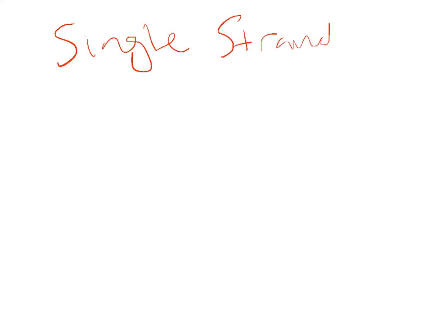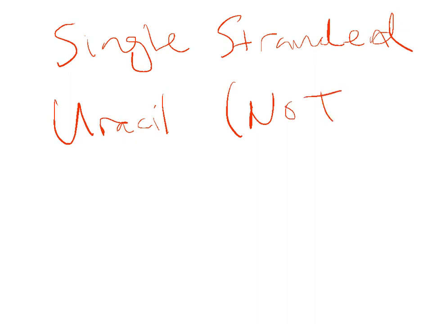That we make a piece of RNA that is single-stranded, has uracil instead of thymine. So we're going to put over here in parentheses, no T's, right? No thymine. And it has a ribose sugar.